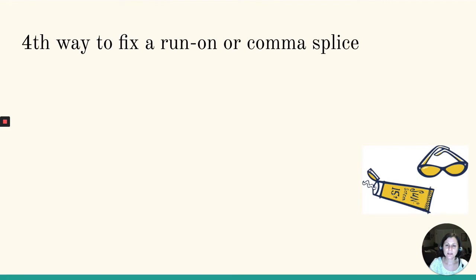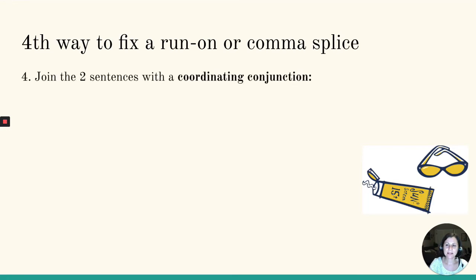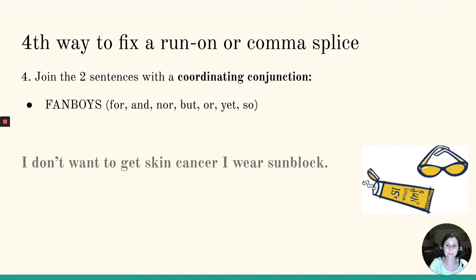The fourth way to fix a run-on or comma splice is to join the 2 sentences with a coordinating conjunction in a compound sentence. You could use one of the FANBOYS: for, and, nor, but, or, yet, so. I don't want to get skin cancer, I wear sunblock.